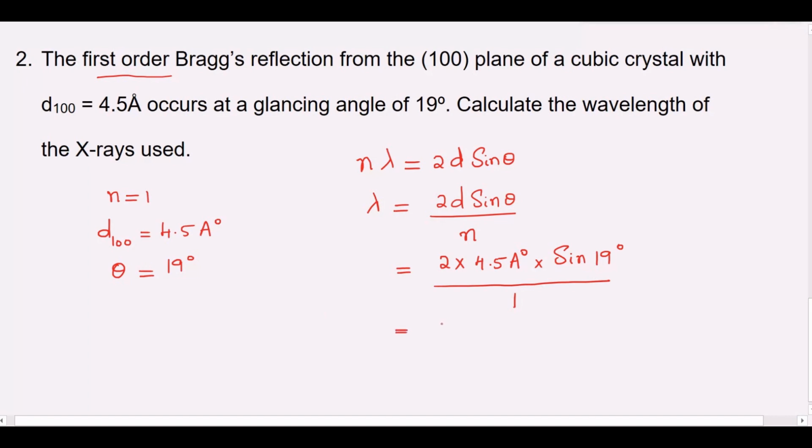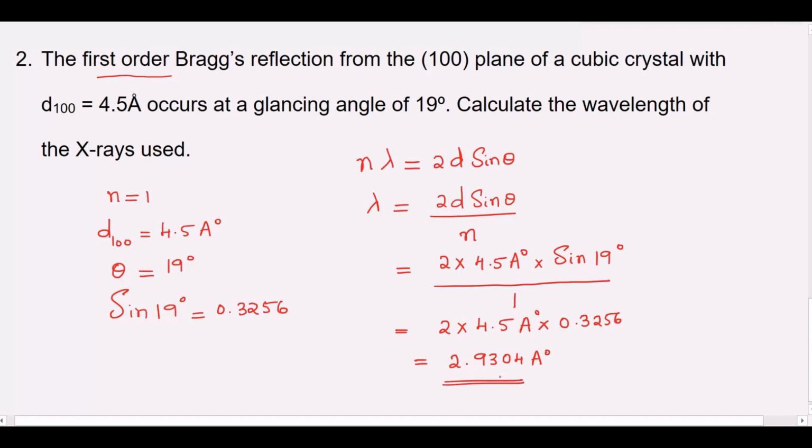You have to evaluate sine 19 degree, which is equal to 0.3256. Substituting here, this will be equal to 2.9304 angstrom.